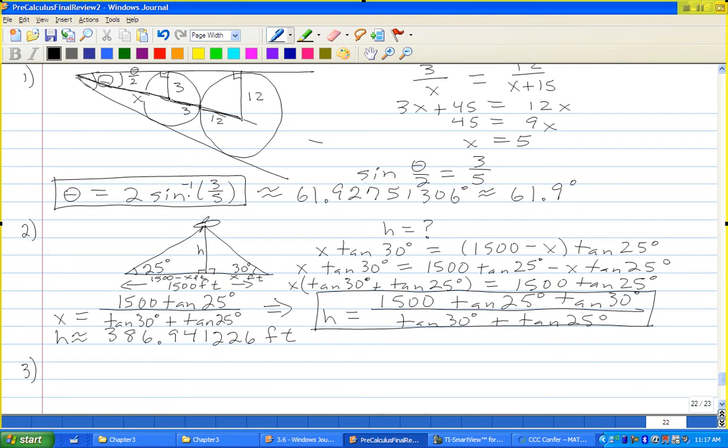Uh-oh. I'm looking at this upside down. And so I have that this is, oh, it's a 3, 4, 5 triangle. So this is my angle, theta over 2, because I wrote it upside down. That's a right angle. That was a 3.